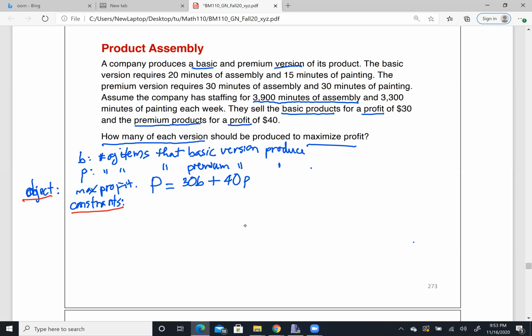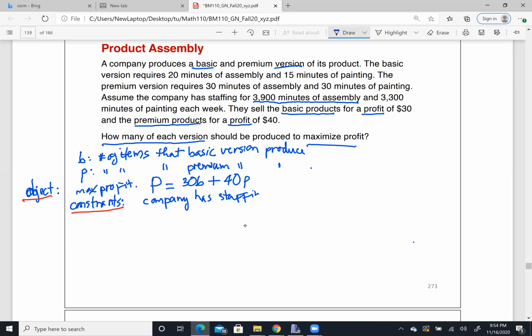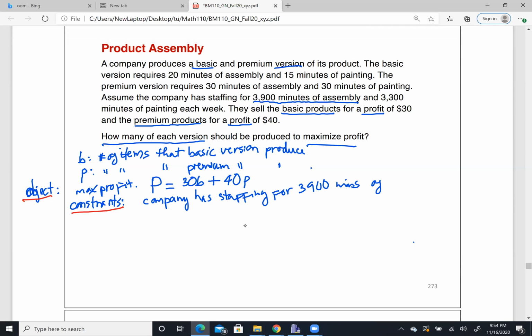So what does that mean? The company has staffing for 3,900 minutes of assembly.